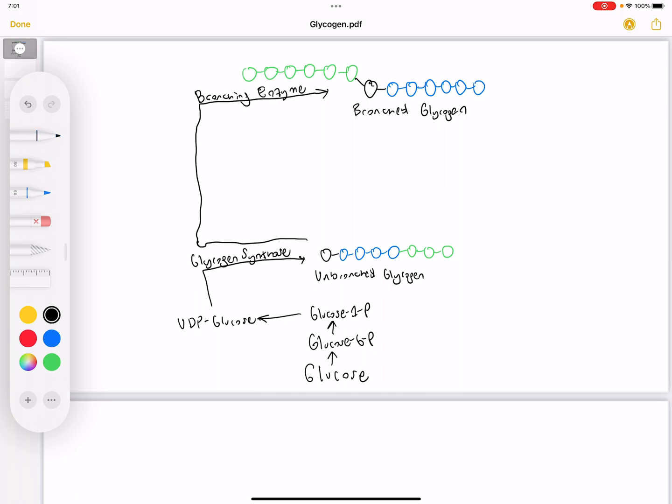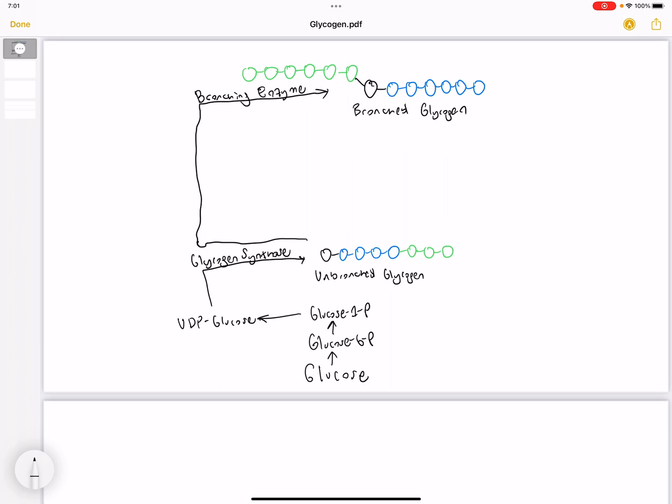Now, a branched glycogen can be converted straight into glucose with the help of the enzyme alpha 1,4 glucosidase. This enzyme is expressed in lysosomes.